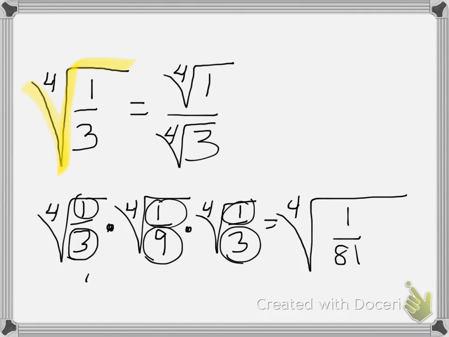Well, that's the same thing as saying the 4th root of 1 over 3 to the 4th power, right? And I can take 1 to the 4th power, and it's still 1. And so now it's nice because my index and my exponents are the same. They're going to cancel out, and I'm going to get 1/3.